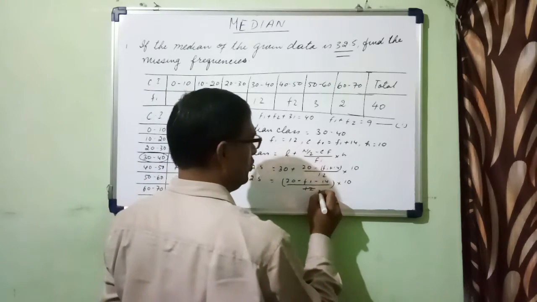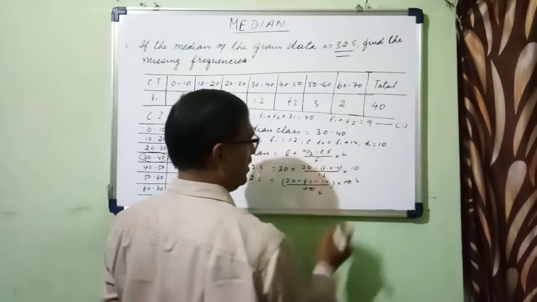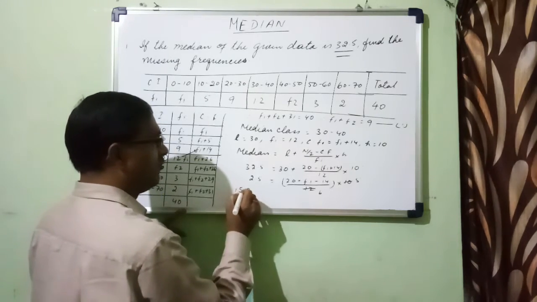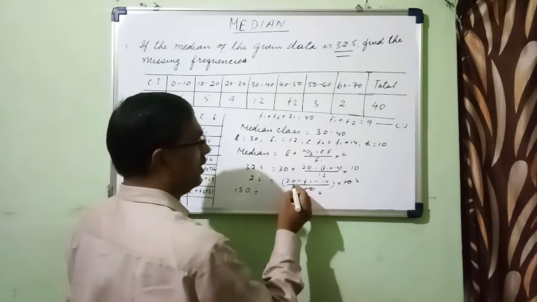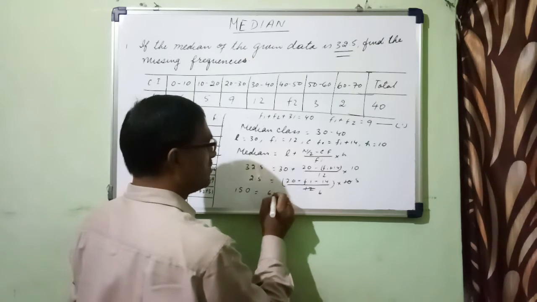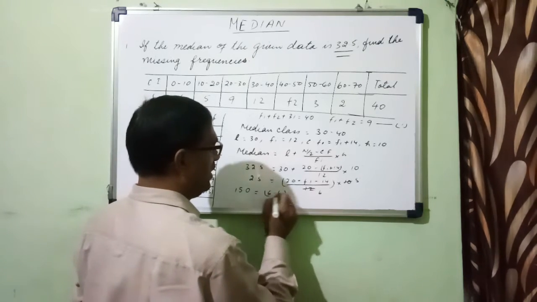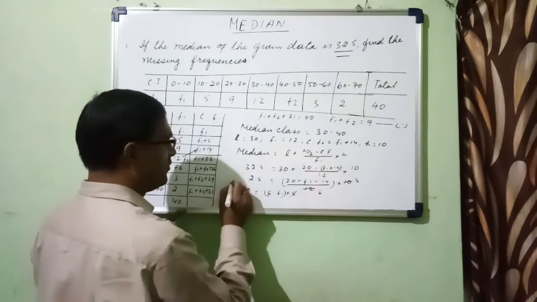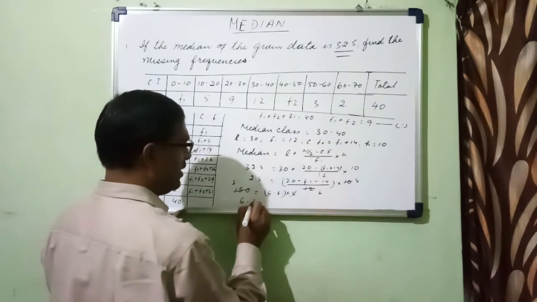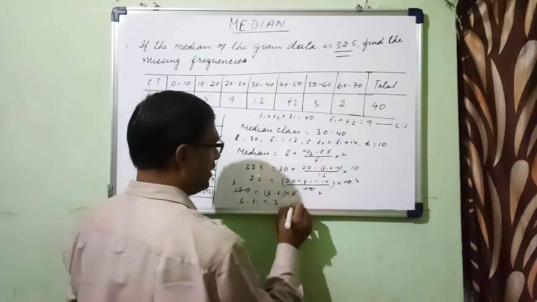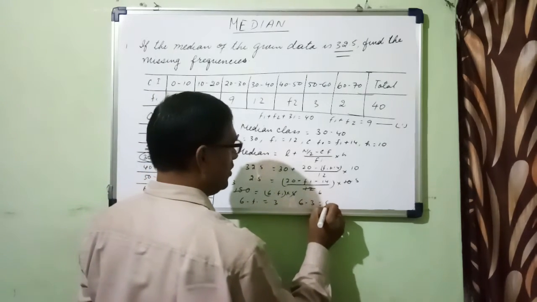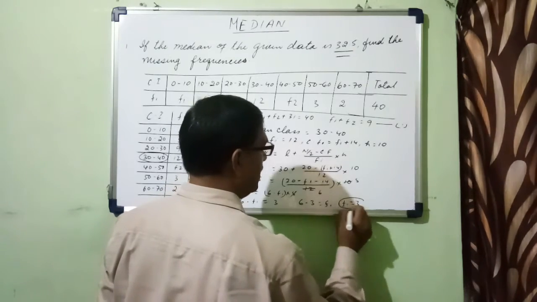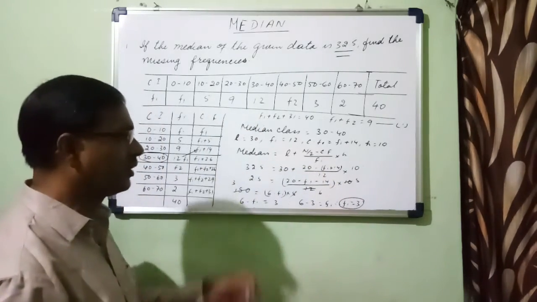So 2 sixes are 12, 2 fives are 10, and then 6 fives are 30, 15 is equal to 6 minus F1 into 5. 5 ones are 5, 5 threes are 15, and so 6 minus F1 is equal to 3. Therefore 6 minus 3 is equal to F1. Therefore F1 is equal to 3. So the value of F1 is 3.